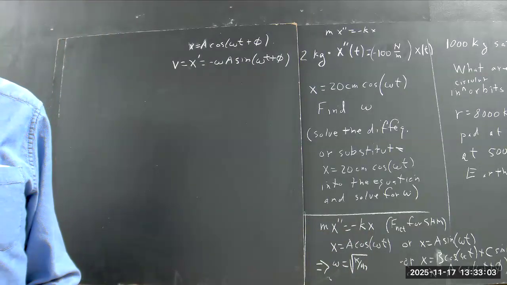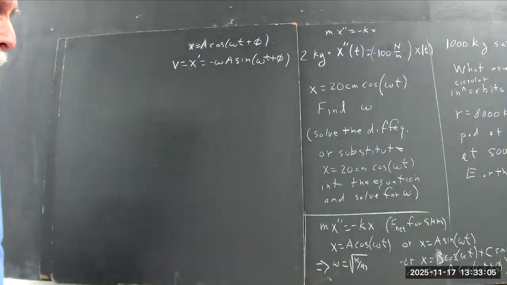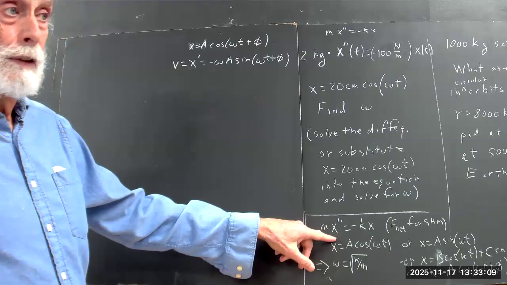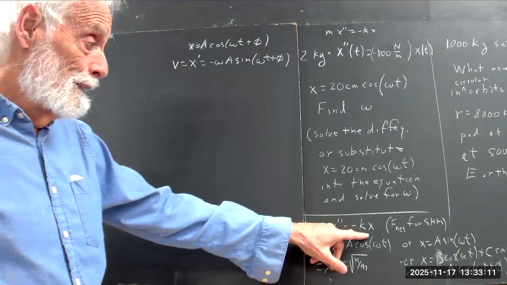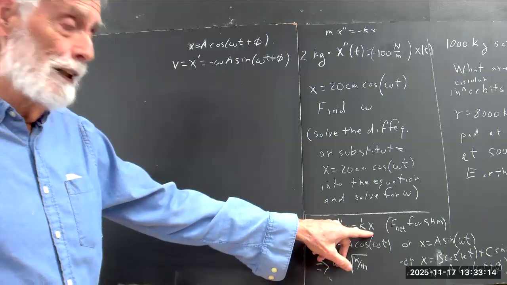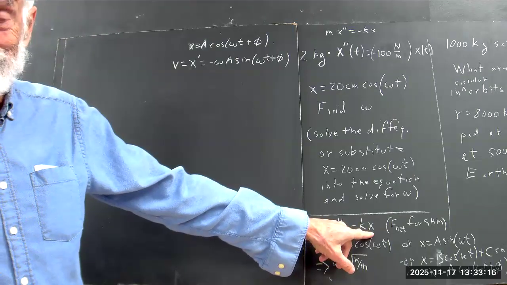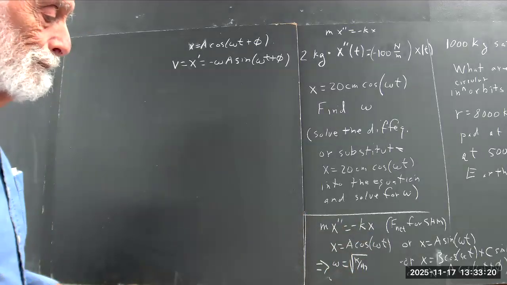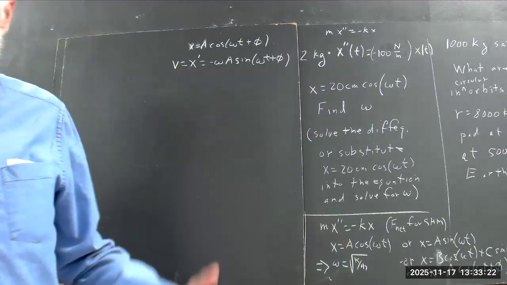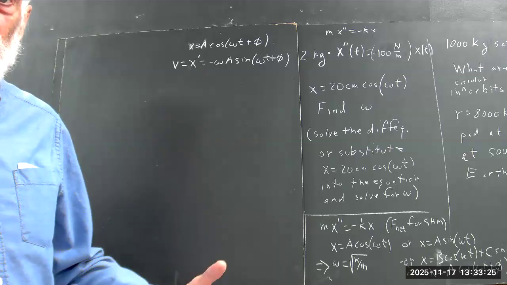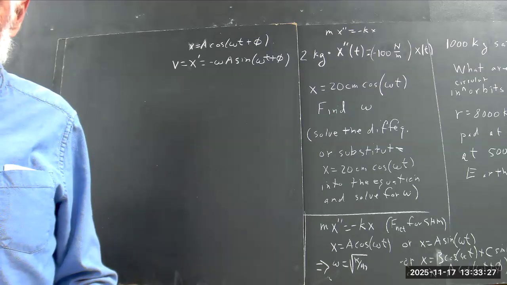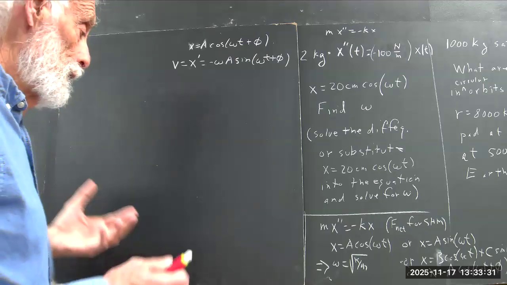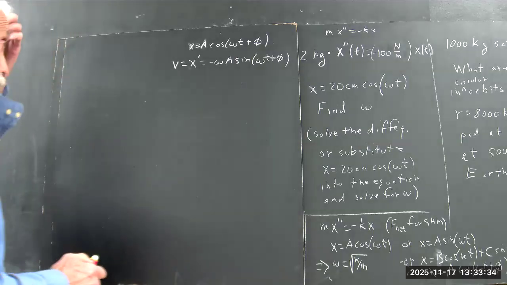If the acceleration x double prime were constant, kx would have to be constant, and kx is not constant, right? So again, don't pull out the equations of uniformly accelerated motion when you're dealing with simple harmonic motion or any other motion that's not characterized by constant acceleration.